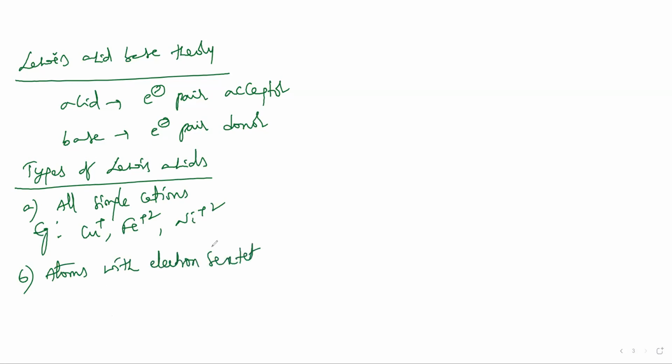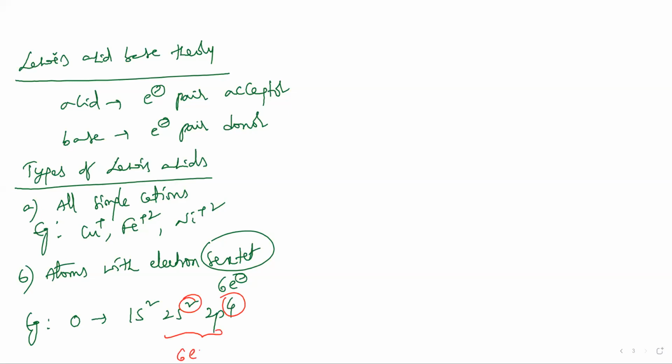That means having 6 electrons in the outermost shell. Example, oxygen. 1s2, 2s2, 2p4. Now in the valence shell of oxygen, how many electrons are there? 6 electrons. So oxygen is an atom with electron sextet.